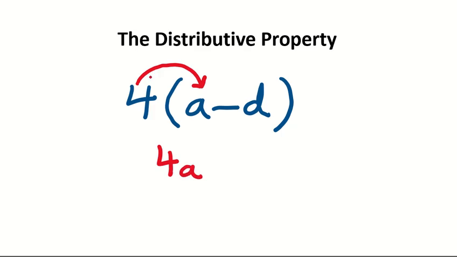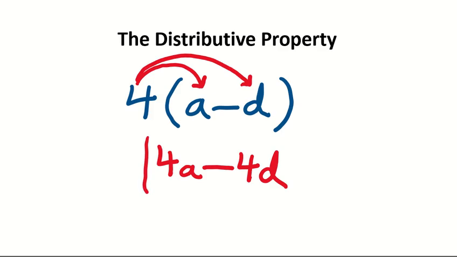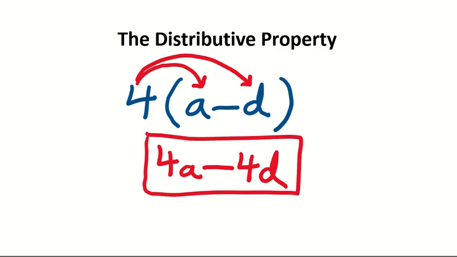Then this is distributive property over subtraction, so we bring down the subtraction sign, and we do 4 times the coefficient of D, which happens to be 1. So 4 times 1 is 4D.